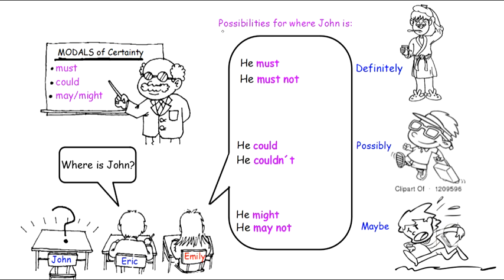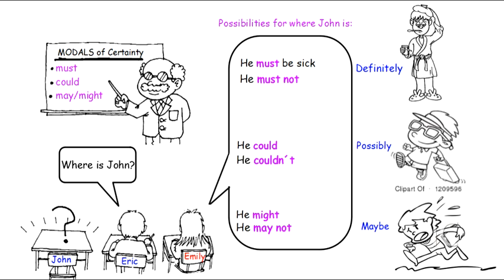So, when she's thinking about possibilities for where John is, she's thinking, definitely, I think that he is sick, right? Looks like he's sick over here. She's thinking definitely that's what's happening. So she's going to use her modal must to say that she's very positive about what she thinks. She says, well, he must be sick, right? She's very positive about that.